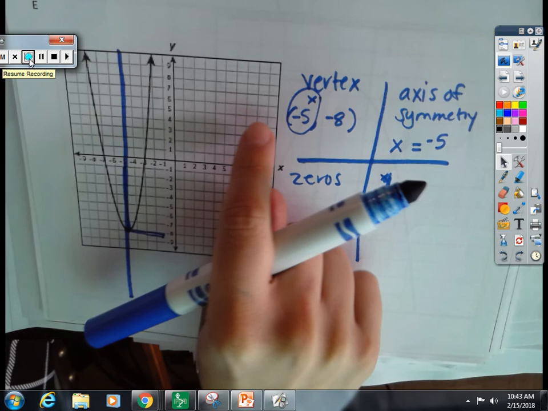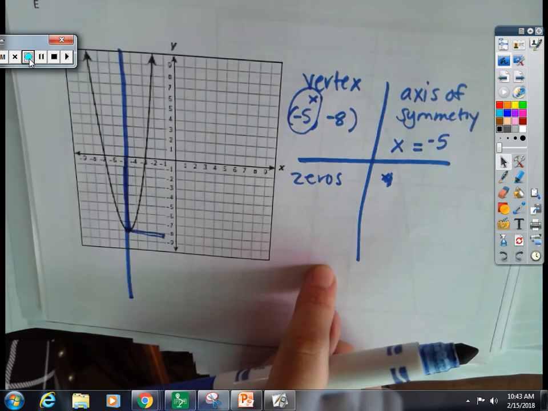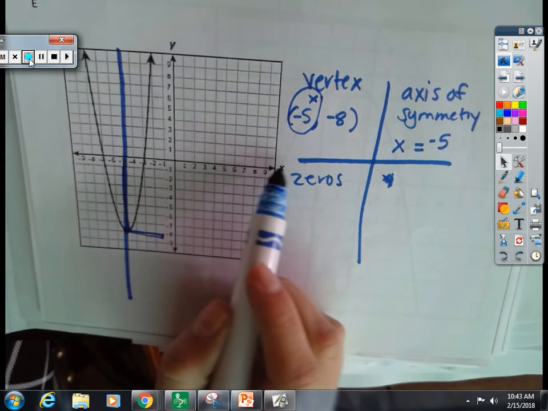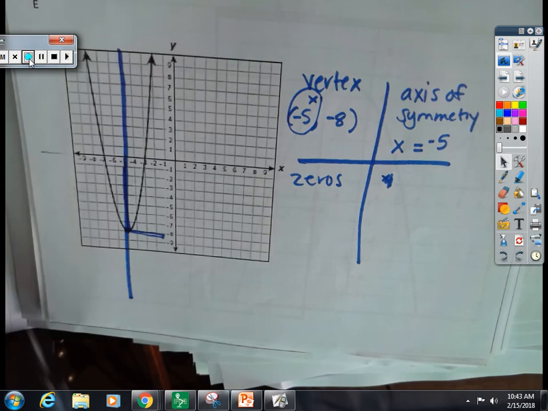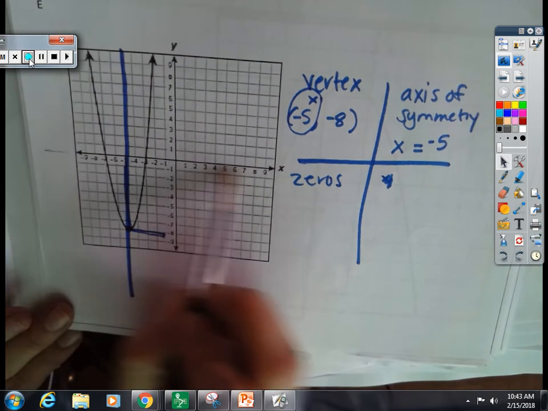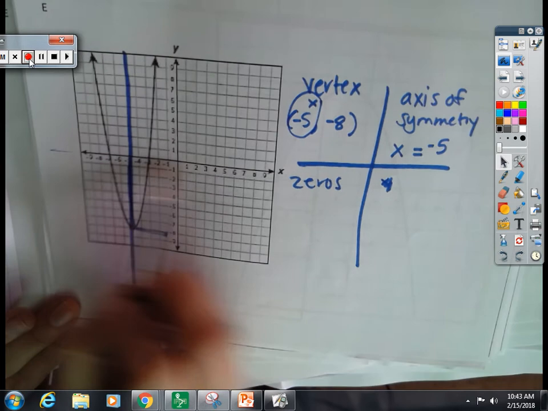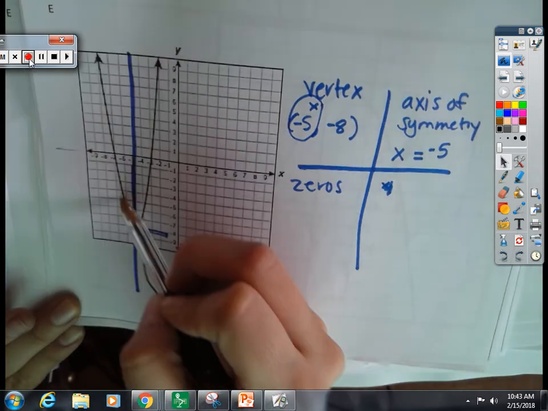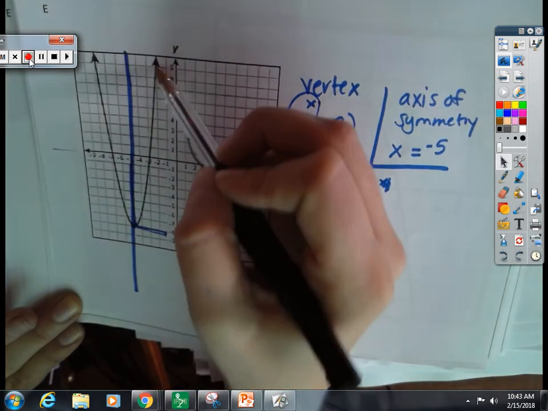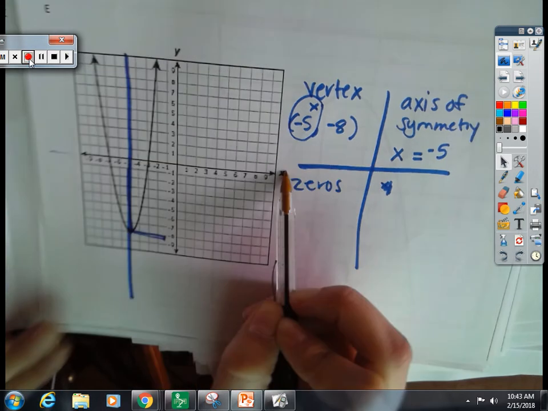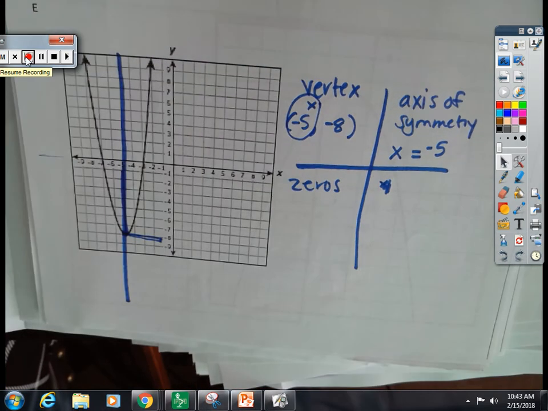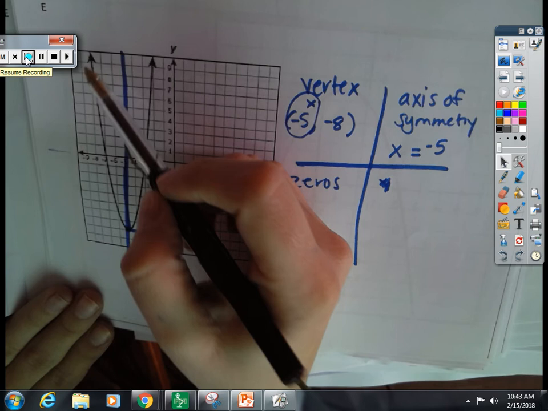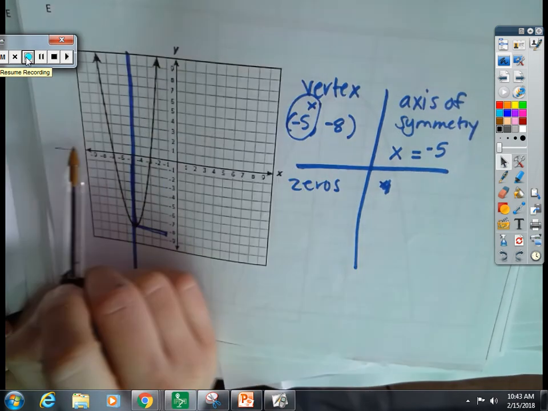Now, the zeros. Remember, the zeros are on this line here. This line is your x-axis, they're on this line. So wherever this graph crosses this line, those are the zeros. So, again, it's wherever this parabola, this graph, crosses the x-axis.